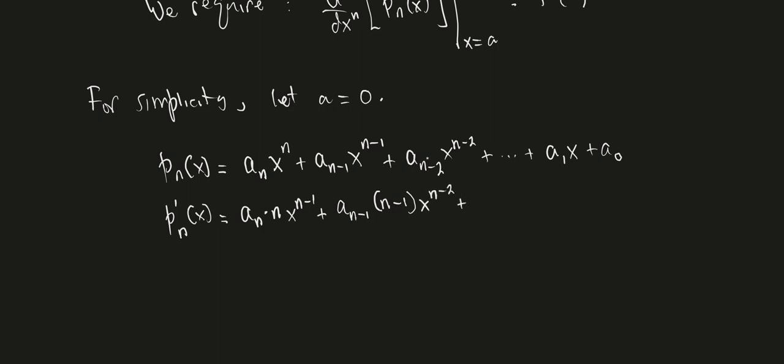Then this power comes down, so I'll have that coefficient, this power, and then I reduce the power by 1, so it becomes n minus 3. That will continue, and when I get to this term, I'll just be left with a sub 1. But then my a sub 0 goes away.